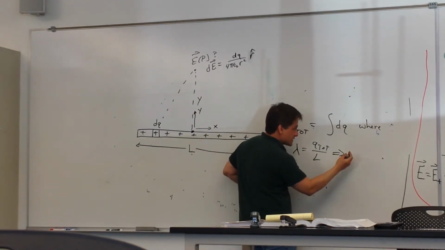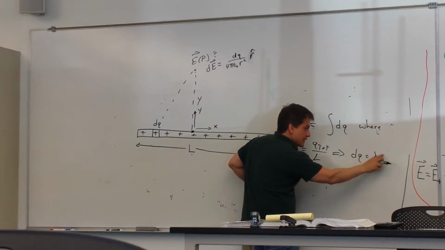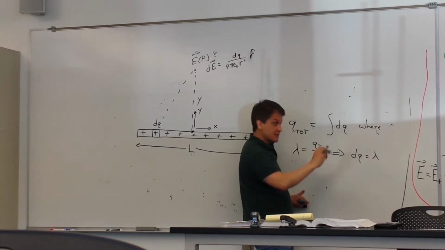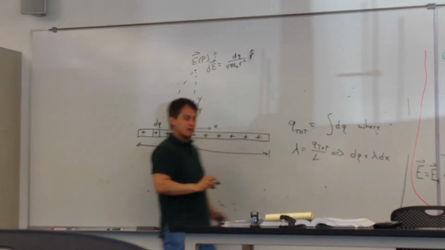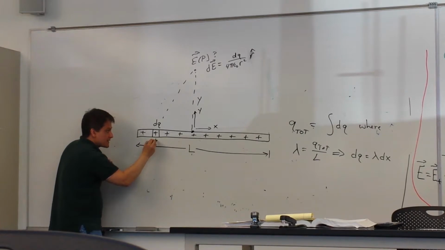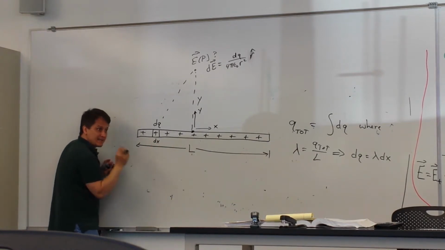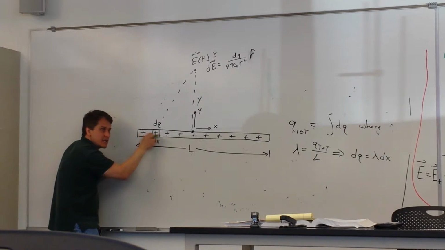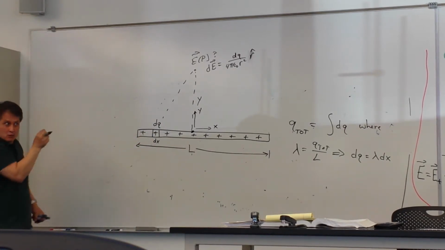If this is the case, then any little charge dq will be related to the effective charge density of this system times, well, I conveniently gave myself a direction of orientation. If I take a little chunk of slab dx and multiply that length by the charge per unit length, that will give you the dq charge in that little region.